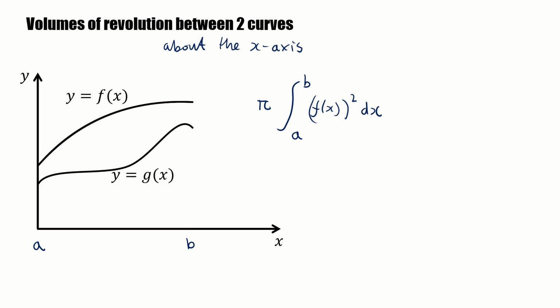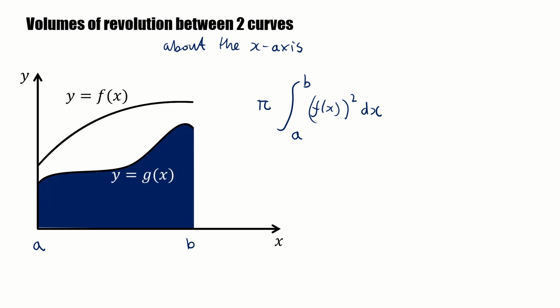I could then also find the volume of revolution generated by the curve at the bottom, g of x, using the region between that curve and the x-axis. That would be pi lots of the integral from a to b of g of x all squared, integrating with respect to x.